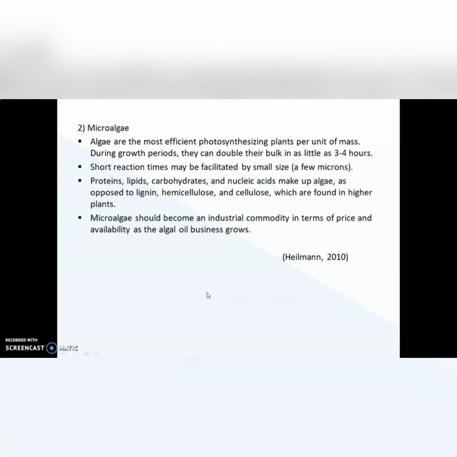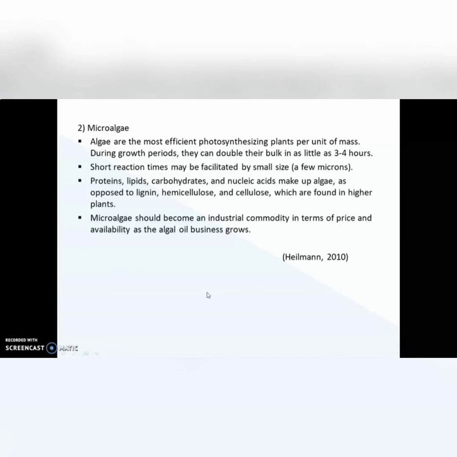And the second is microalgae. Algae are the most efficient photosynthesis plants per unit of mass during the growth period and can double their bulk in 3 to 4 hours, and short reaction time will be facilitated by the small size of a few microns.